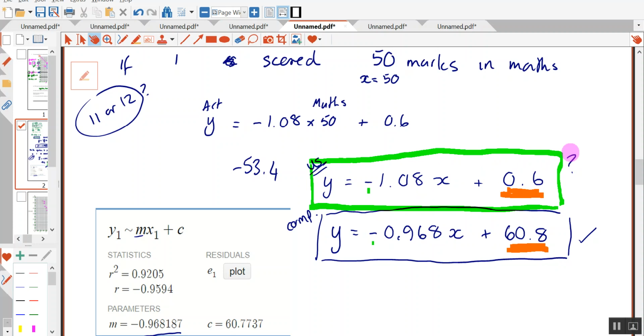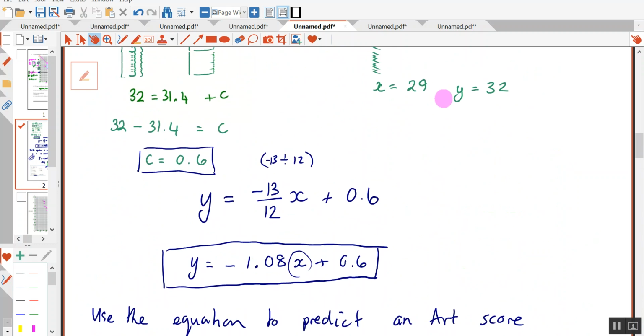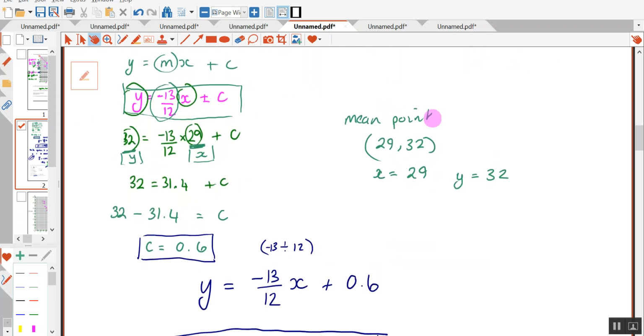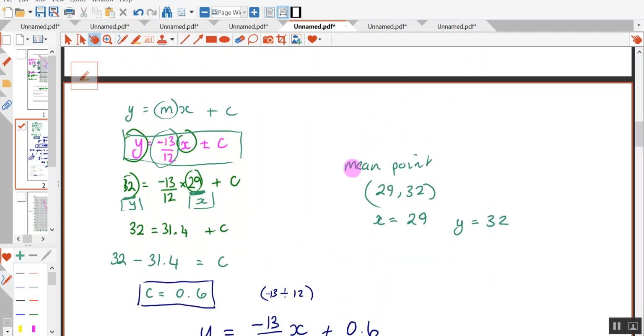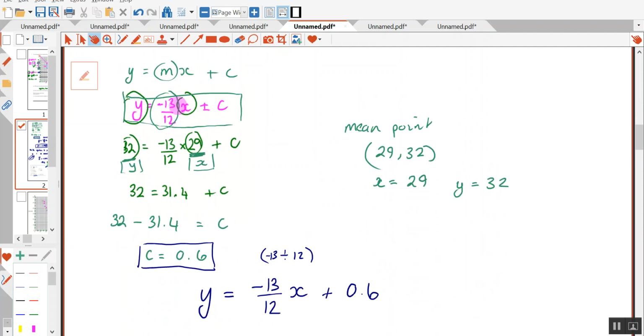We've just got to figure out where our mistake was. Any ideas? Well, I tell you what, I did write it down. Should we try and follow it through? All right, guys, let's look at this. The negative 13 divided by 12, where did that come from?